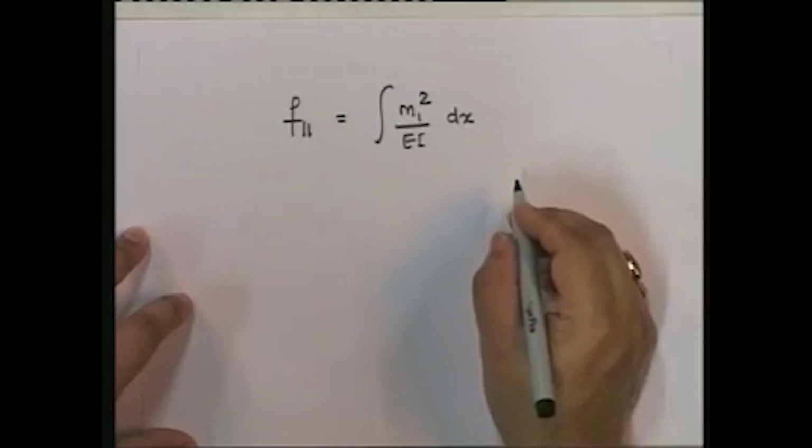What is the flexibility? Flexibility is displacement at 1 due to x1 equal to 1. So what is going to be the actual displacement due to x1? It's going to be F11 into x1. I'm introducing the concept of flexibility which I've introduced with the truss.